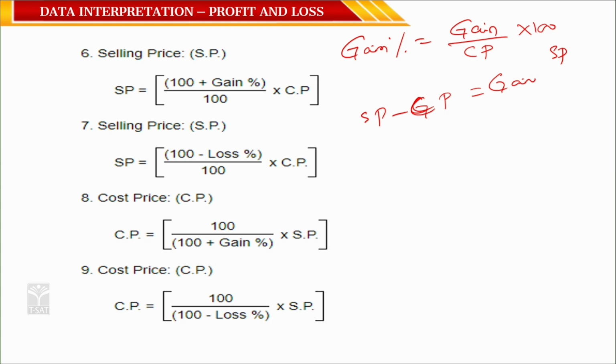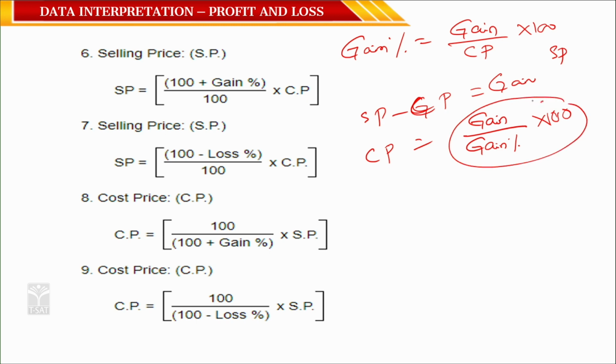Okay. So, in place of gain, you can put gain percent into CP by 100. So now from this equation, CP is equal to gain by gain percent into 100, correct. The same thing will be added here.